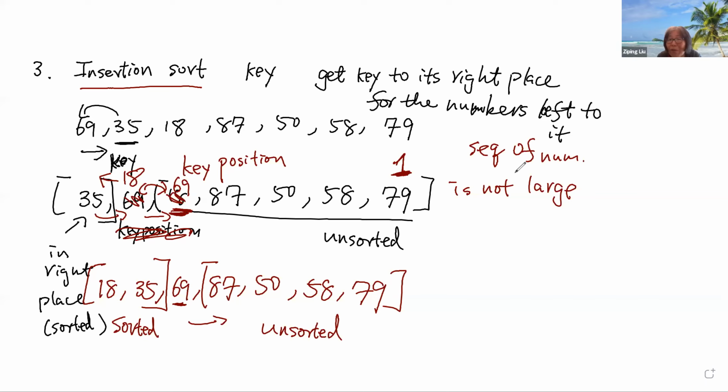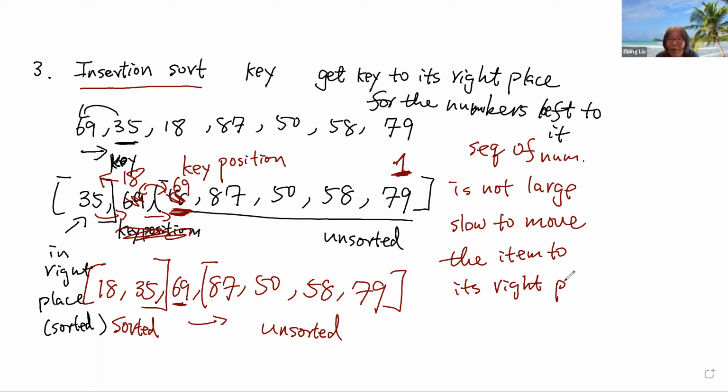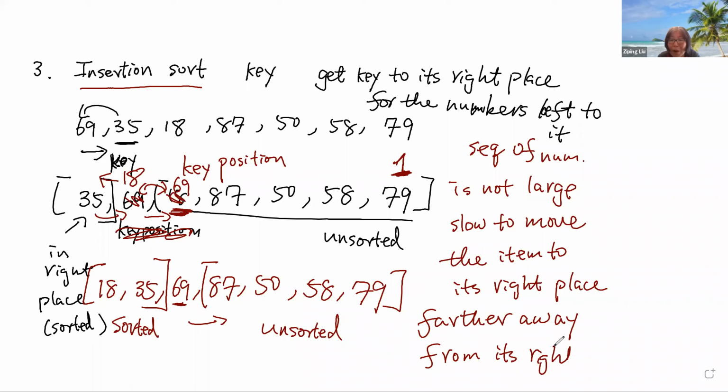It's very slow to move the item to its right place, especially if it's very small and supposed to be at the very beginning, that is, if the item is farther away from its right place.